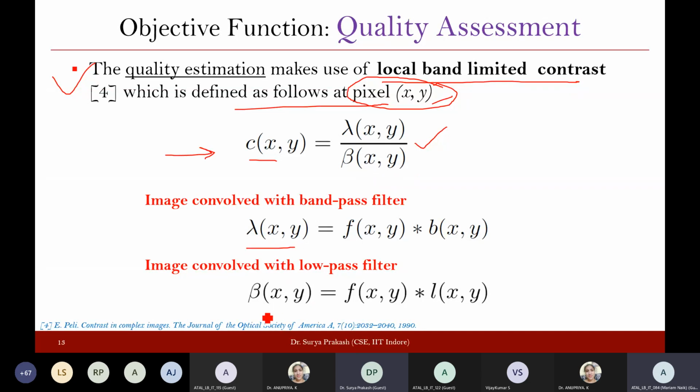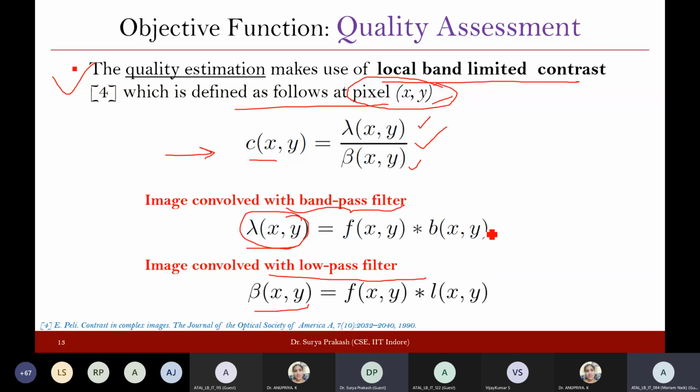They are defined here. Lambda xy is a filtered image, where the filtering has been performed with the help of a band pass filter. And beta xy is another image, which is a low pass filtered image. So given an image, you create lambda by filtering it using a band pass filter, and beta by filtering it using a low pass filter.